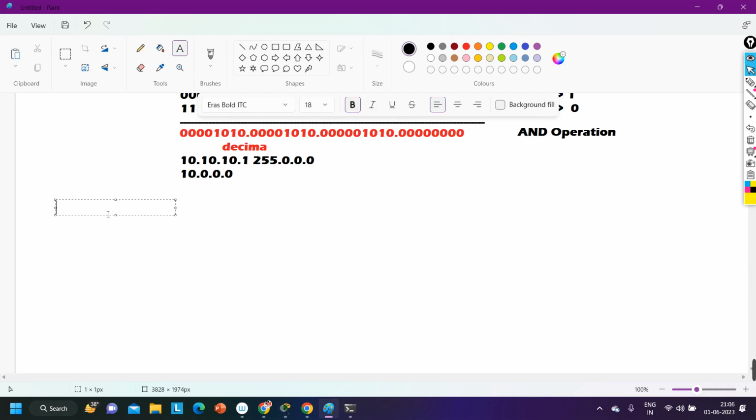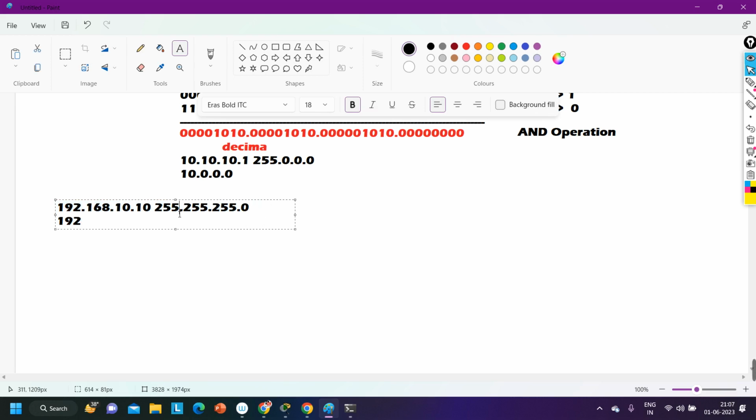Now I'm writing one IP address over here, 192.168.10.10, subnet mask 255.255.255.0. Let's say this is my network IP address, and this is my subnet mask. So what will the network ID be? The network ID will be 192.